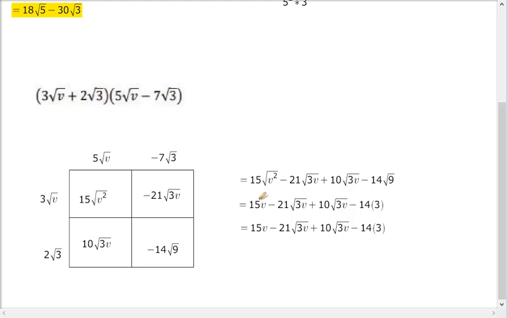And the like terms are these two, because here we have 3b and 3b. So you can simplify negative 21 plus 10, which is equal to negative 11. And negative 14 times 3 is equal to negative 42. And finally, we finish with this exercise. Remember, it's to multiply coefficient with coefficient and radicand with radicand.